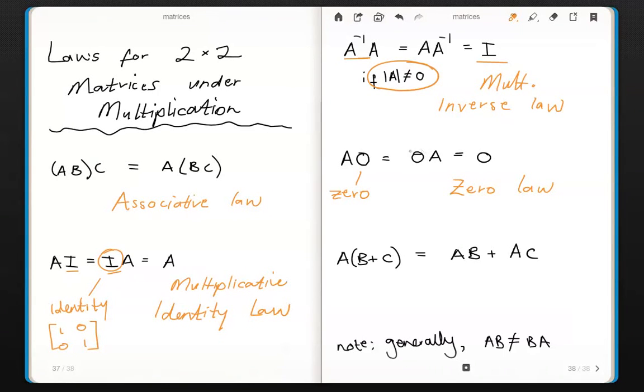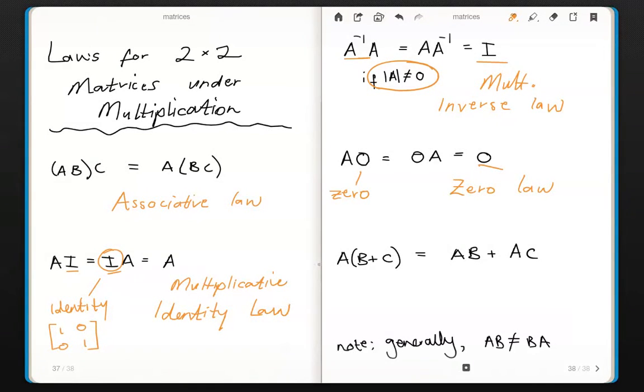But remember, when you multiply by 0, you always end up with 0. So any matrix multiplied by the 0 matrix, as long as they can be multiplied, and this is all assuming that these things can all be multiplied, we end up with 0.